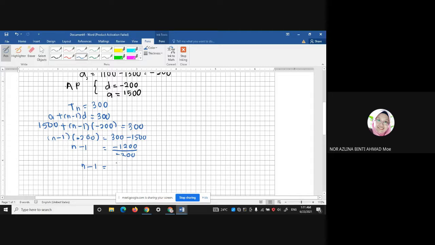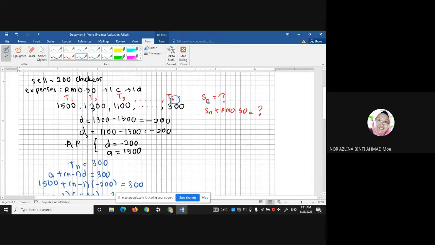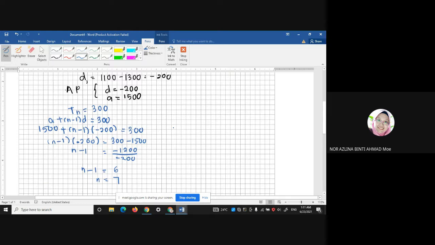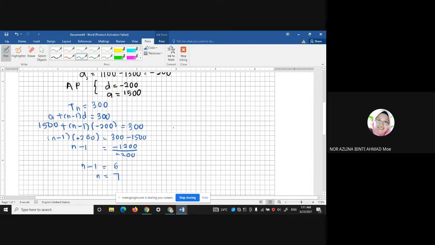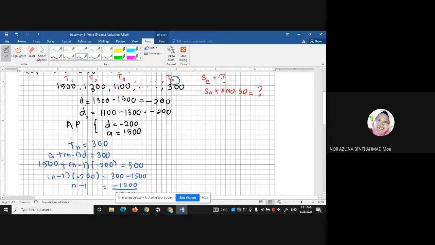Okay, so ini 6 saja. So N sama dengan 6 tambah 1 dapat 7. Jadi kita tahu hari ke-7 ayam dia tinggal 300. Okay. Kemudian dah tahu N, barulah kita boleh dapatkan Sn. Okay, kenapa nak cari Sn? Sebab kita nak tahu jumlah ayam dia selama 7 hari tu berapa.